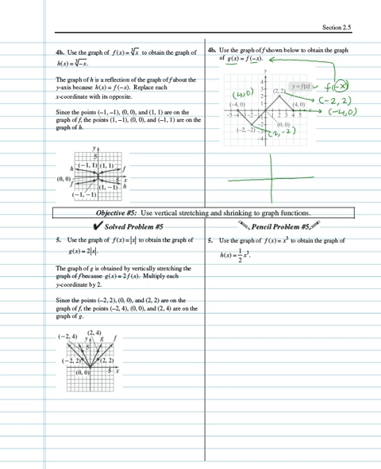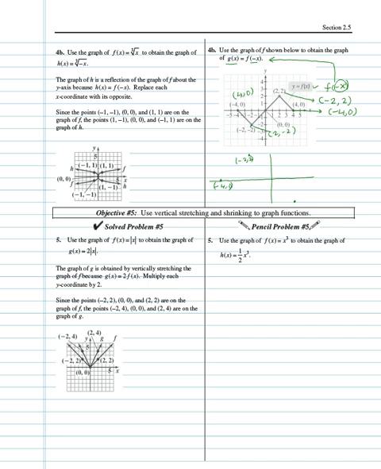(-2, 2) would be somewhere here. And (-4, 0) would be somewhere here, right? And this point here, (-2, -2), becomes (2, -2), so (2, -2) would be somewhere here.